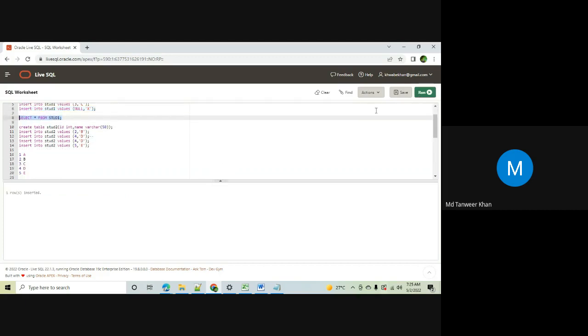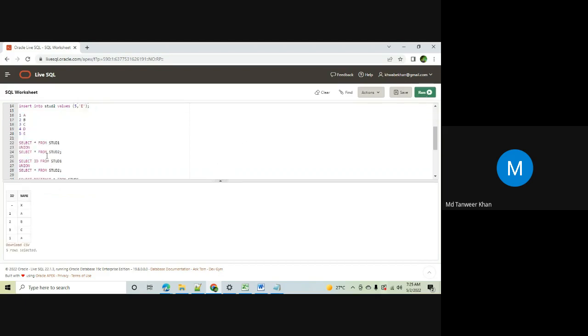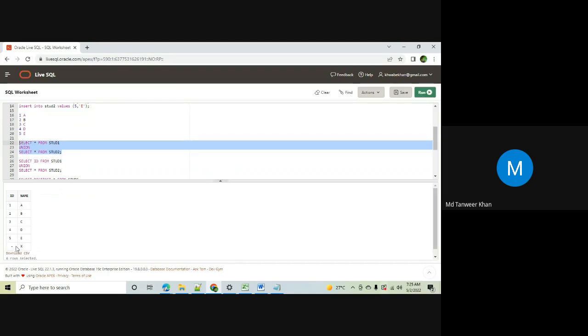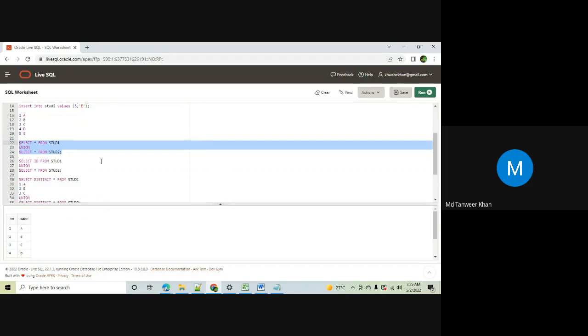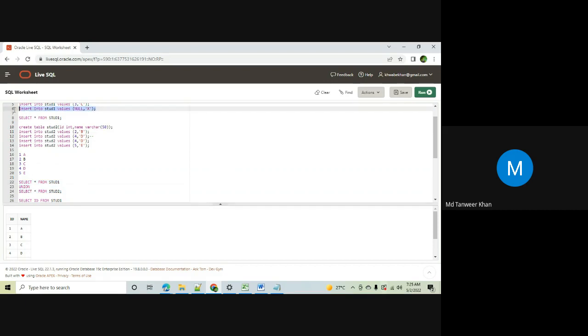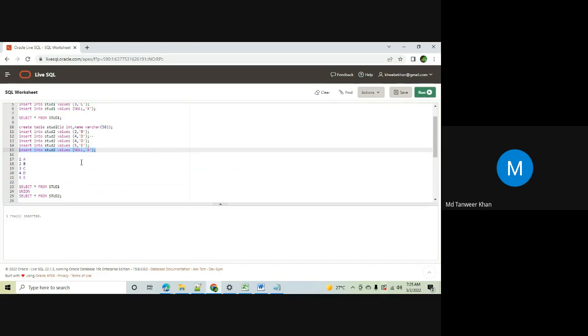Now in the student one table, I have a record null x. And if I run this union of student one and student two, this null x is also coming. So what we understood is, union can take care of your null values as well. Is that clear? Now the same null record I am inserting in the student two table as well.